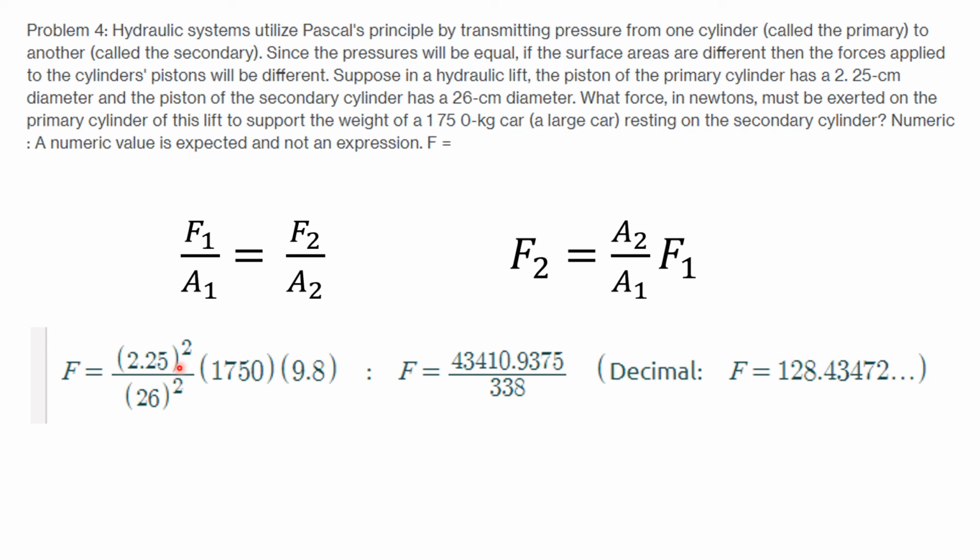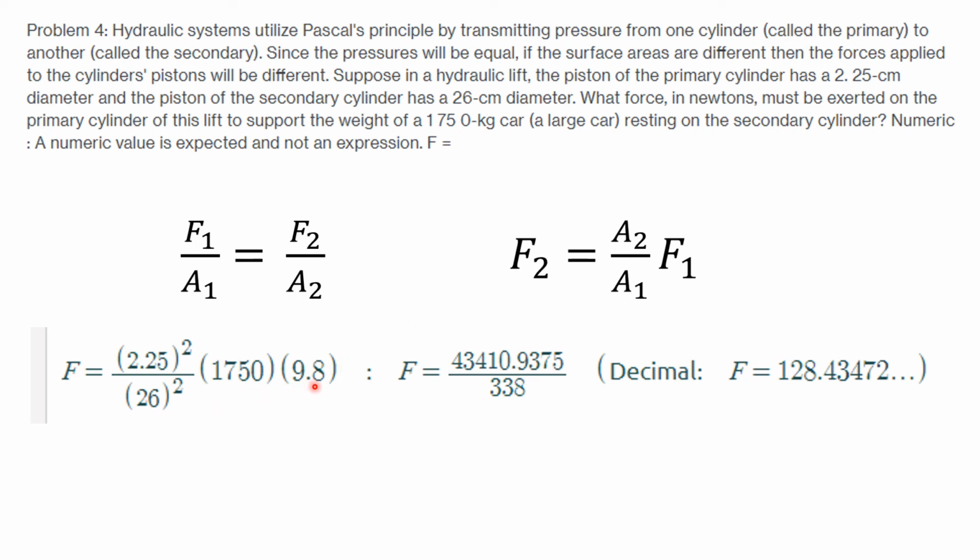Pi is just a constant, and the 4 you get by squaring the radius, in comparing it with the diameter, is also a constant. So you see those numbers will cancel out. So what we have then is just the ratio of the diameters squared times the mass in kilograms.